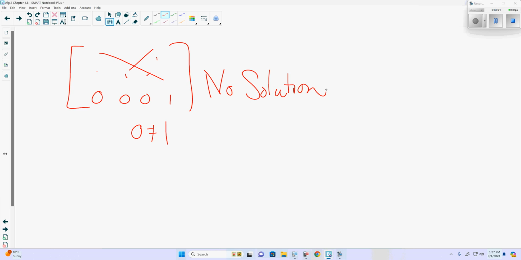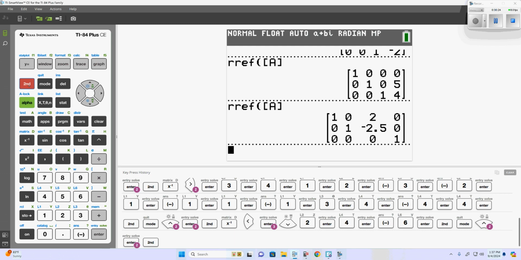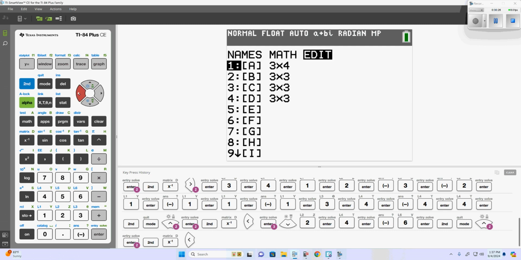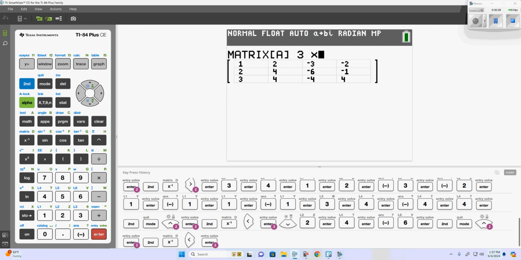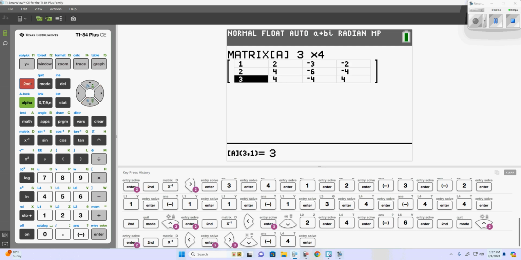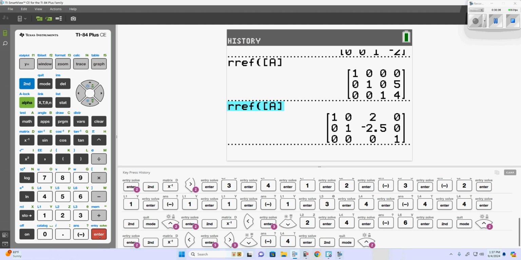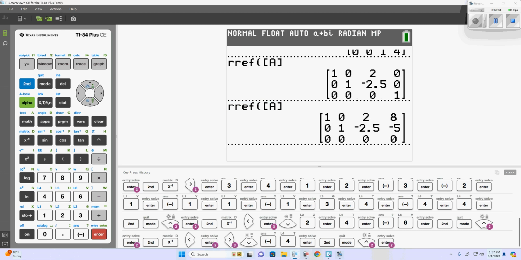All right. What do you think infinitely many solutions would look like? The last row would be what? The last row is all zeros. So 0 is equal to 0. So it still will do infinitely many and no solution.